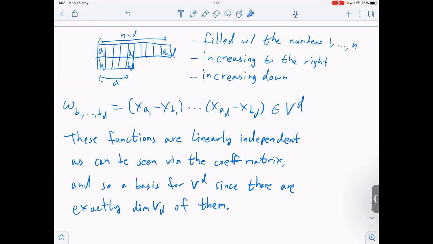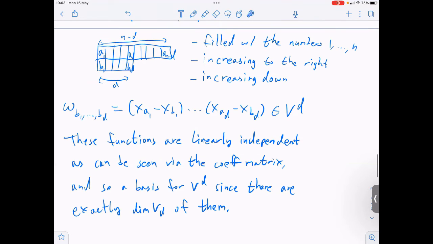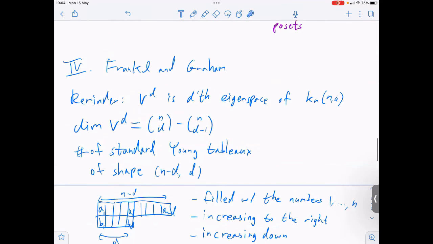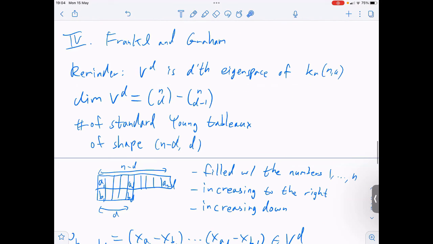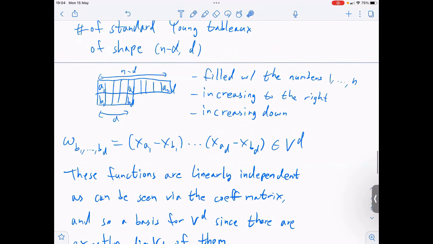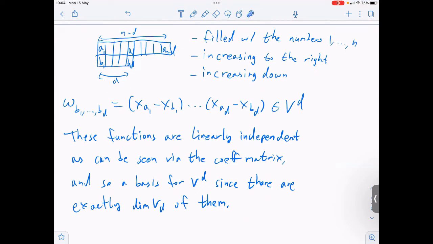Okay, so this is how to get some kind of basis. But we're not happy yet. Okay, so why are we not happy? Because this basis is not orthogonal. So this is one reason not to be happy.